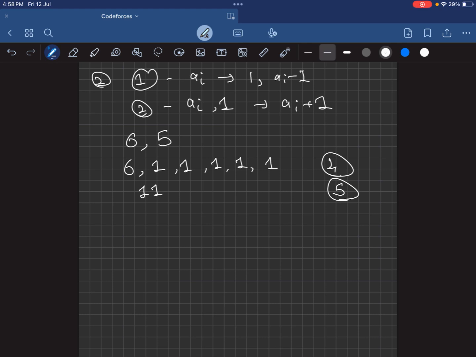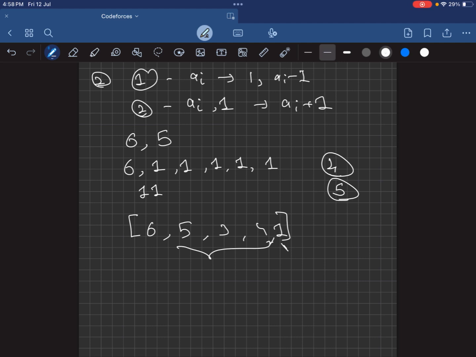Suppose our array looks like 6, 5, 3, 4, something like this, and let's add a 1 also. This one is already of size 1, so we don't need to divide it, but we need to divide all the others into casseroles of length 1.